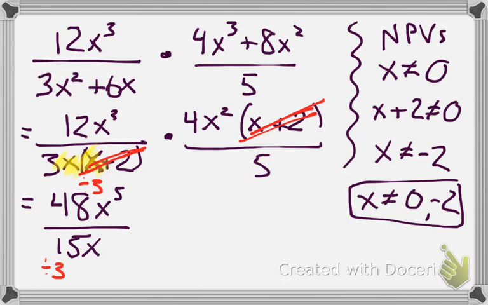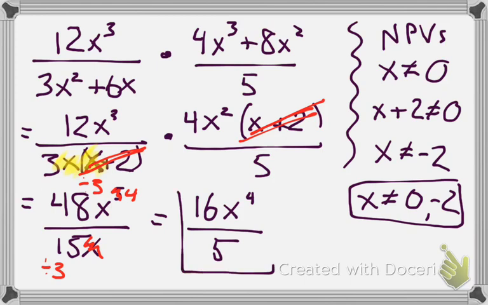And then if I look at x to the power of 5 over x, if I divide by 1x, that'll leave me with x to the power of 4. So for my final answer, 48 divided by 3 is 16, times x to the power of 4, and then 15 divided by 3 gives me 5.